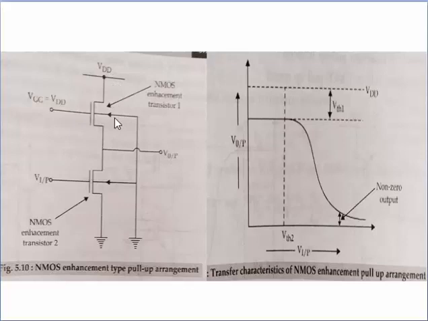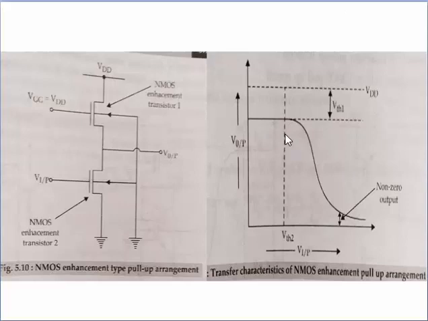So that's why whenever we use NMOS enhancement mode as a pull-up network, the output never reaches the maximum value. It will be down by the value of VTH1, and even when the input is maximum, the output is always non-zero and never becomes zero. That is the case of the NMOS enhancement type pull-up arrangement.